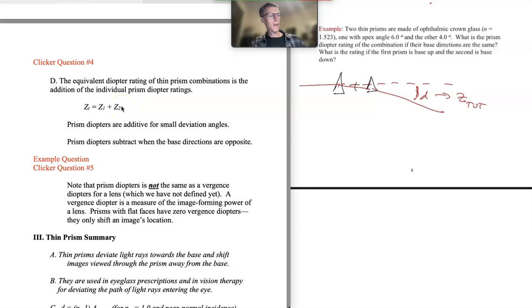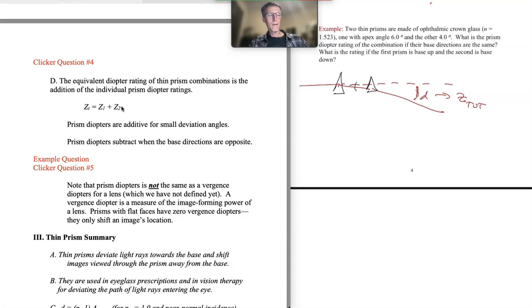So our first job here is to calculate the prism powers of the individual prisms. We're told that they have apex angles of 6 degrees and 4 degrees. So these are thin prisms. All right, so we can go ahead and calculate the prism power for each one of these.